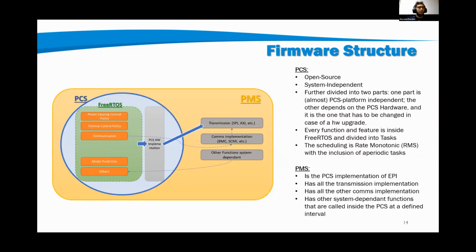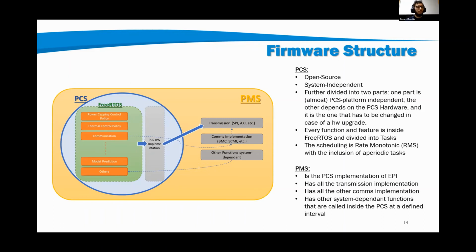The firmware structure is divided in regions. There is the PCS region, which is the open source one. It contains the FreeRTOS region that has several tasks, that has several features inside them, mainly regarding the controls, but also communication and management.